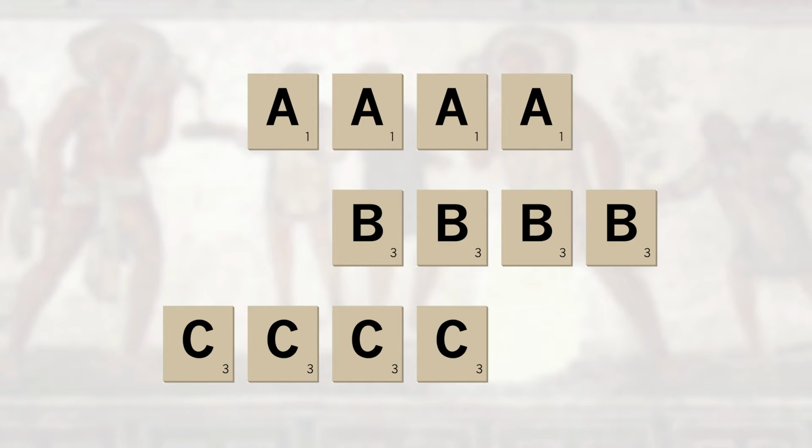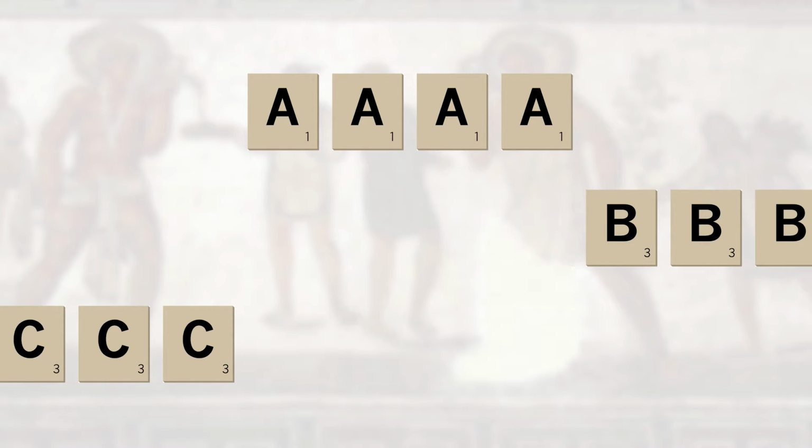Zeno claims from this paradox he can show that half the time is equal to its double. Sounds baffling. Aristotle is very dismissive of this. He says, oh, Zeno's made a really elementary mistake.